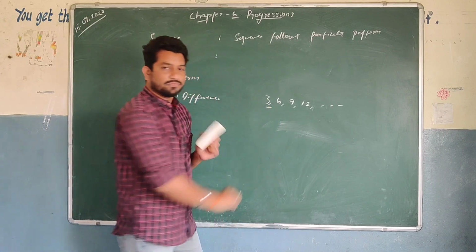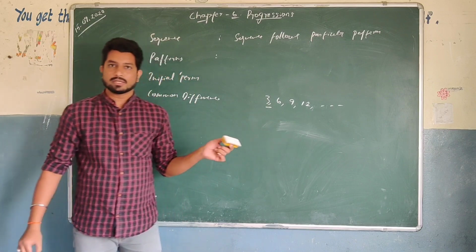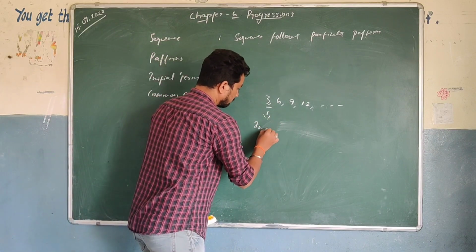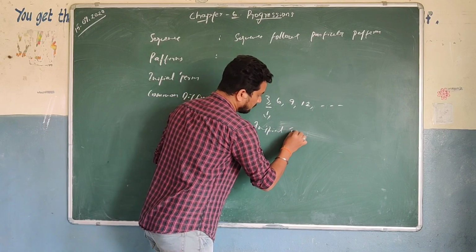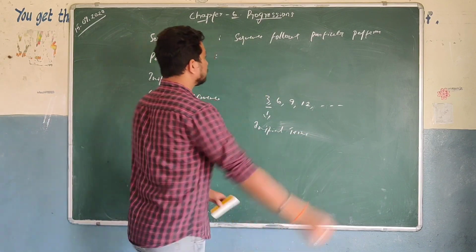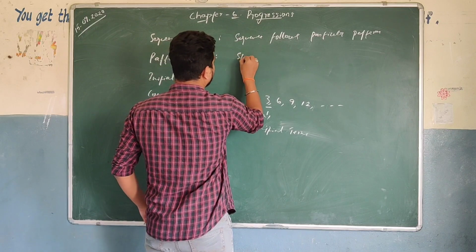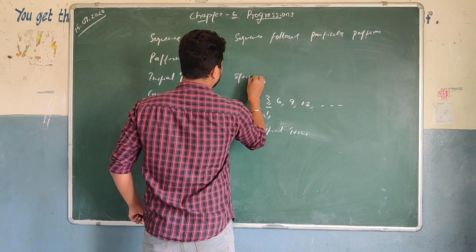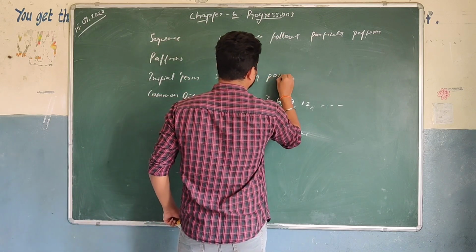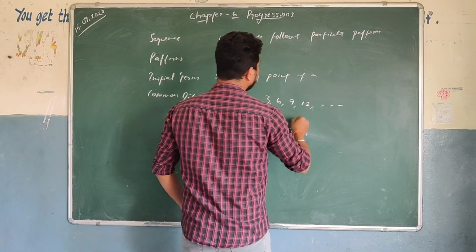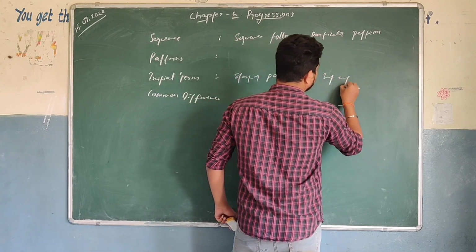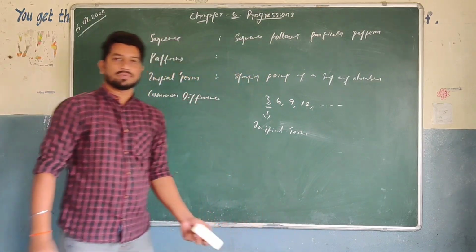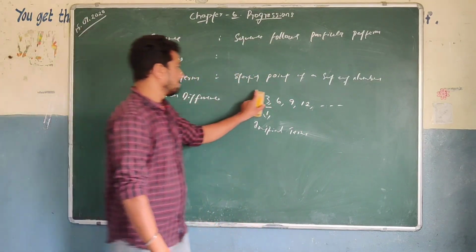Here, 3 is the first number, the starting point, which is called the initial term. Initial term is the starting point of a set of numbers.